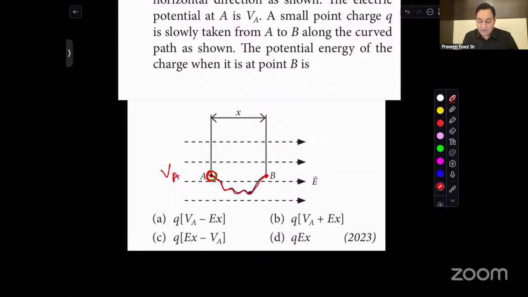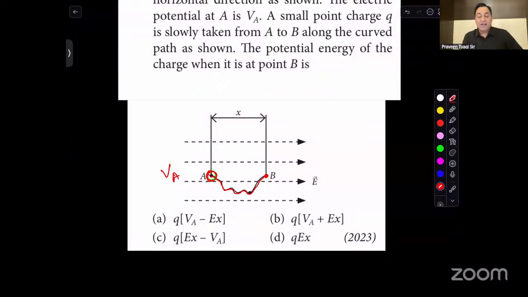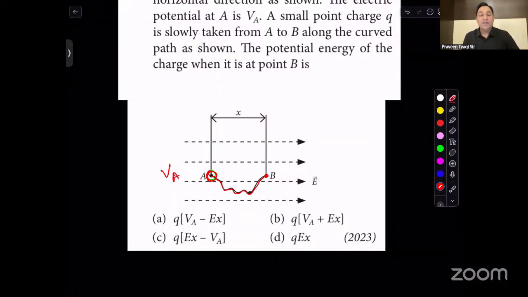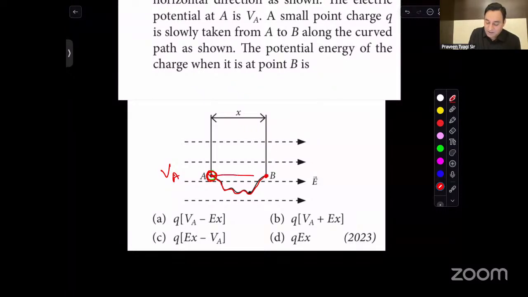Now, can anyone tell me, is the electric field a conservative or non-conservative force field? It is conservative. Therefore, E dot dl, that is VA minus VB, will be independent of the path chosen. So I can find E dot dl for this path, and I'll still get the same answer.